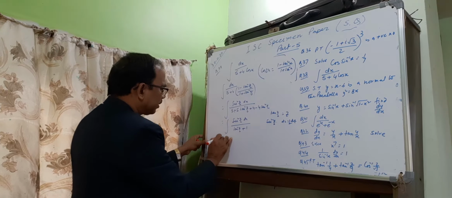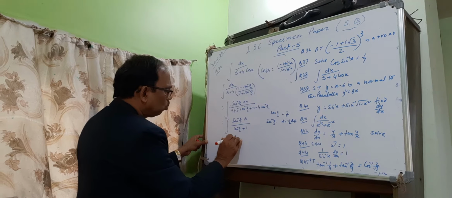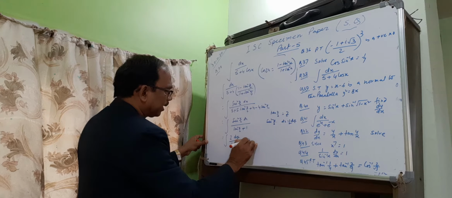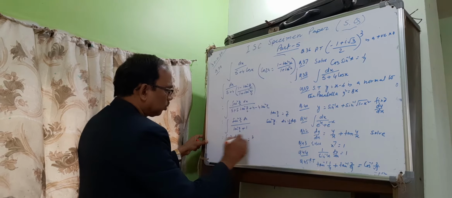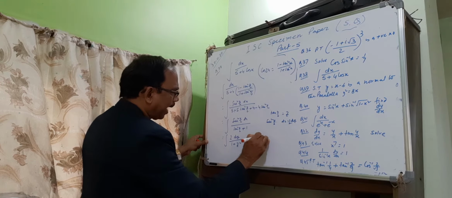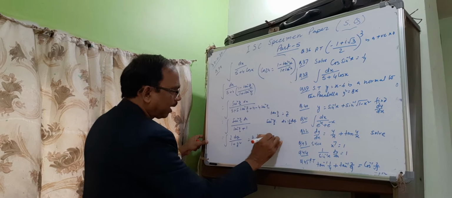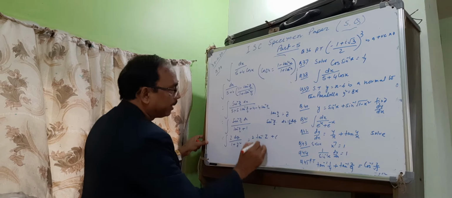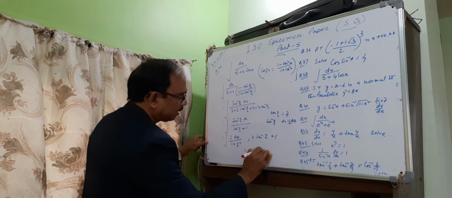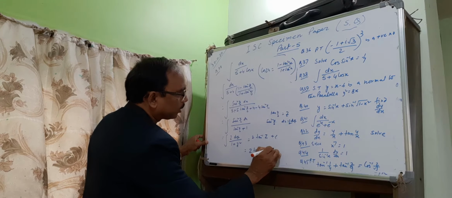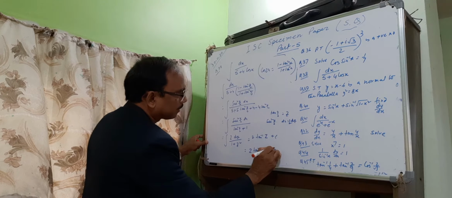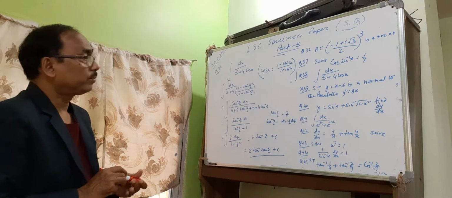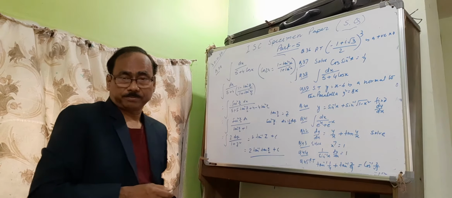So we can write integration 2 dz by 1 plus z square. That is 2 outside, 2 tan inverse z plus c, that is 2 tan inverse tan x by 2 plus c. That is the answer of the given integration.